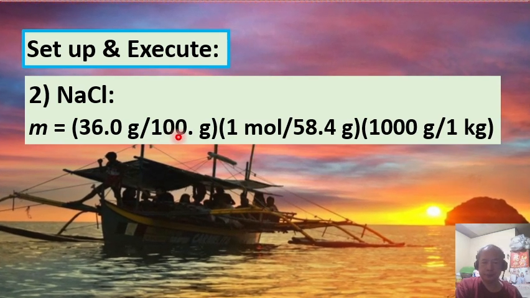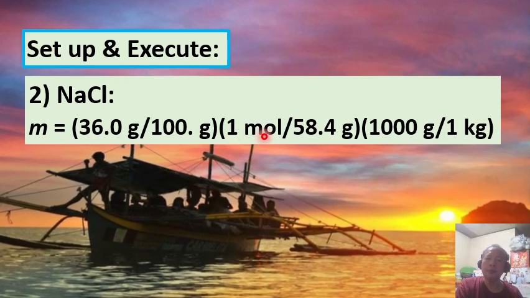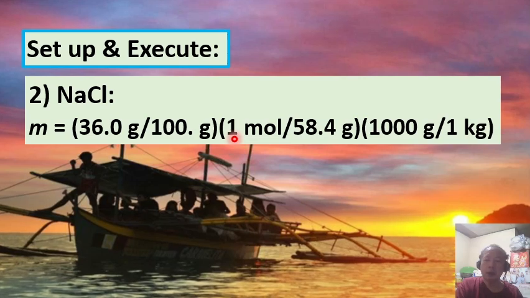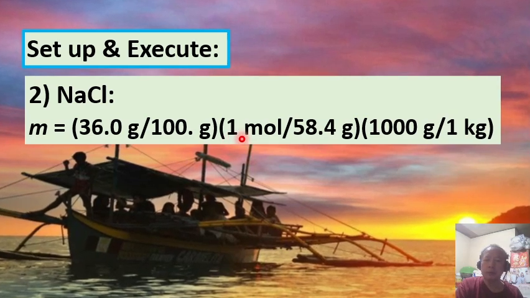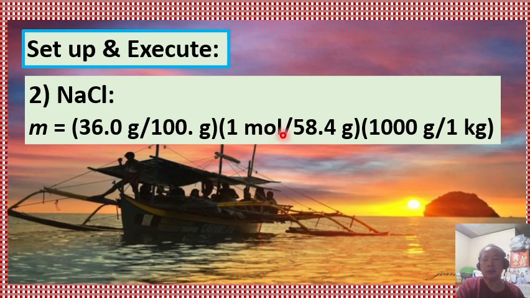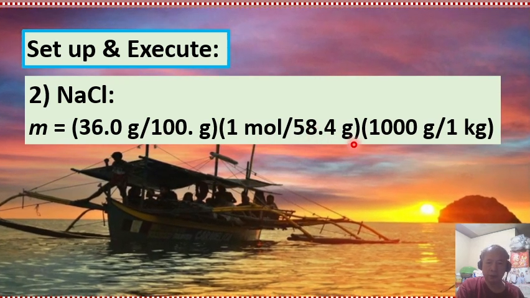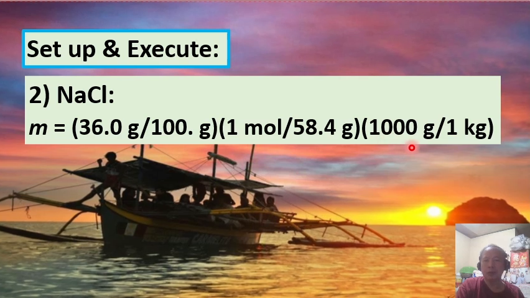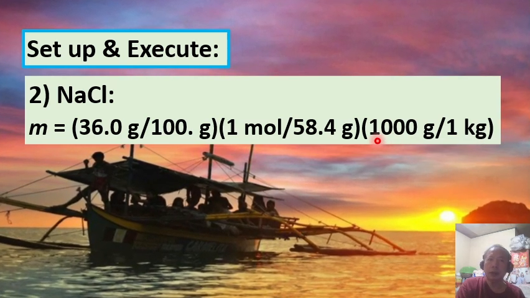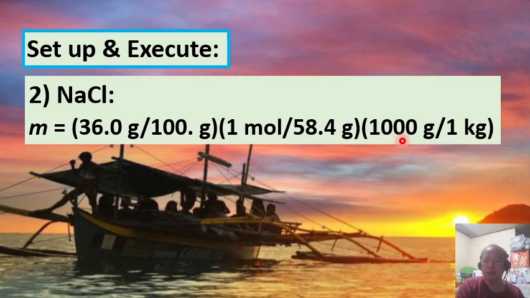water. Then we multiply it by the equivalent of 1 mole of sodium chloride, which is 58.4 grams. And of course, multiply it also by the conversion equivalent of 1 kilogram, which is 1,000 grams.